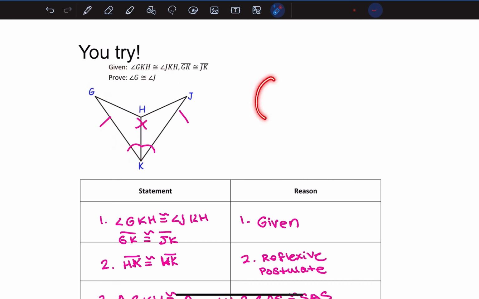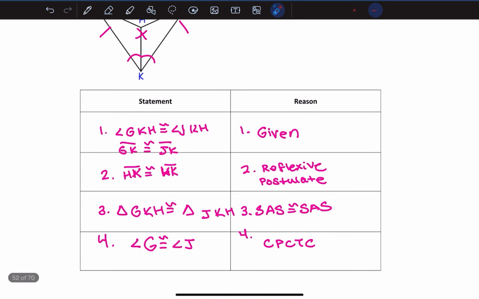So I have to add that last line, CPCTC, in order to fully answer the question. So you use reflexive to get that last side, side, angle, side, then CPCTC to answer and finish the question.